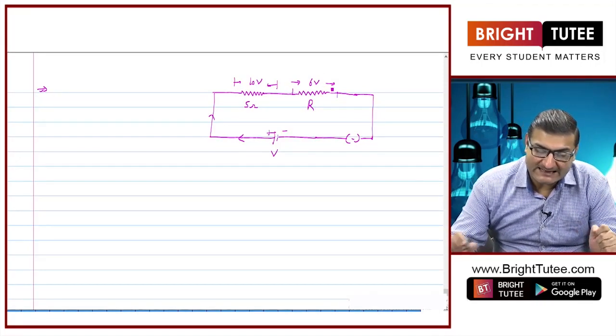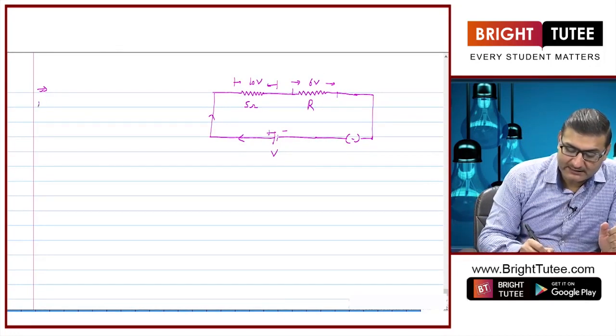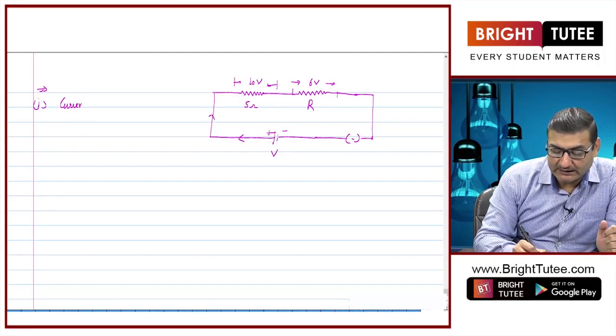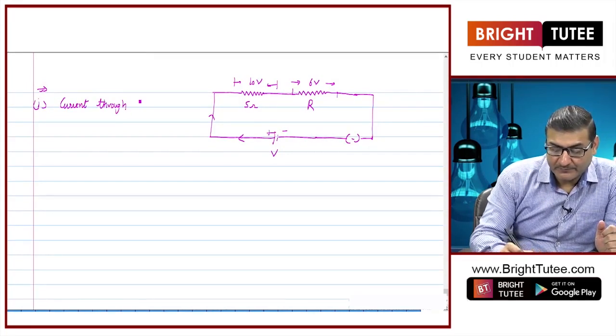What he will be asking in the question is, number 1, calculate the current through the 5 ohm resistance. This is the first thing he is asking us.